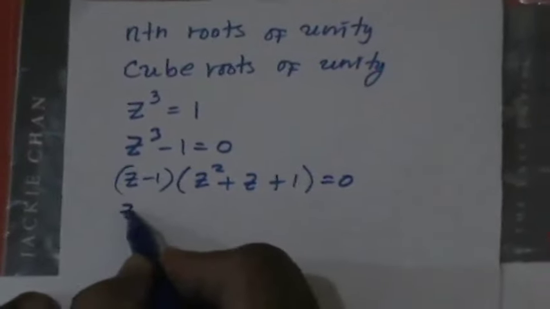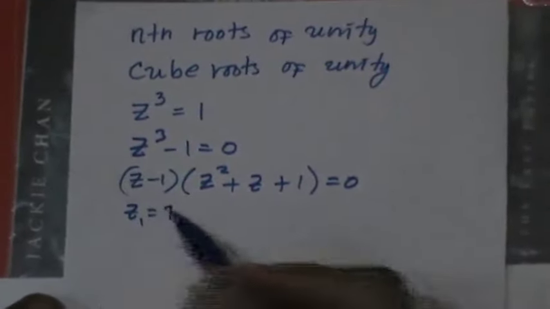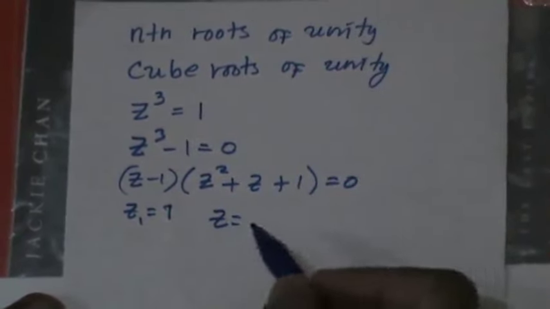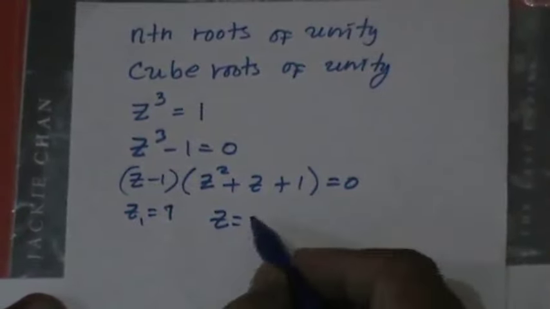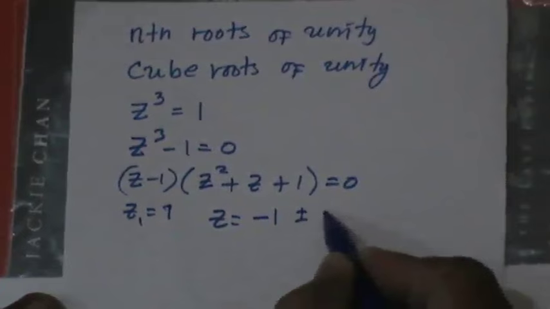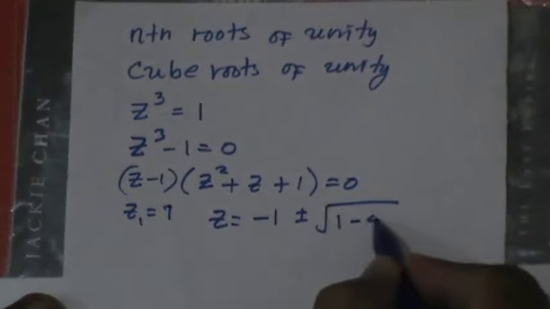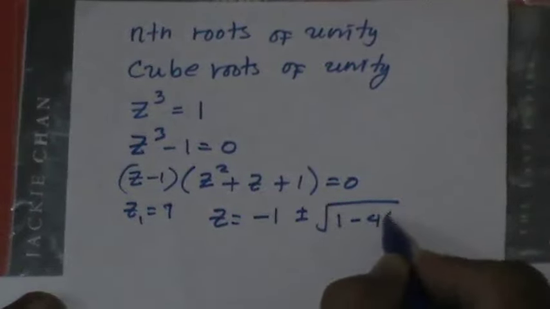Therefore the first root, z1, is equal to 1, while for the other roots we can use the quadratic formula. z is equal to negative b, that's negative 1, plus or minus the square root of b squared, 1, minus 4 times a, which is 1, times c, which is also 1, divided by 2a, 2 times 1.